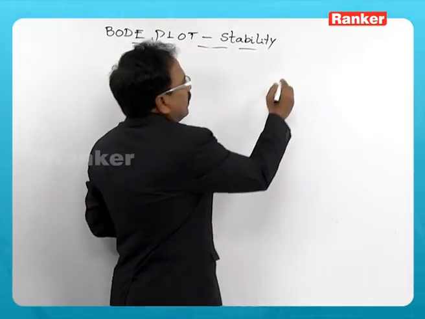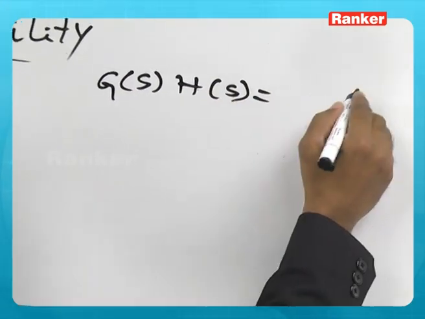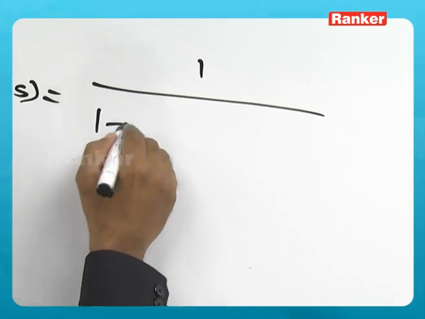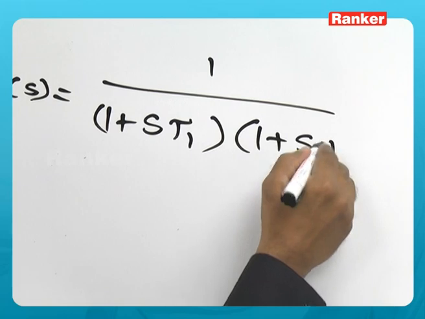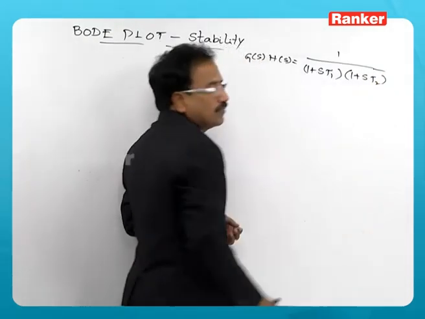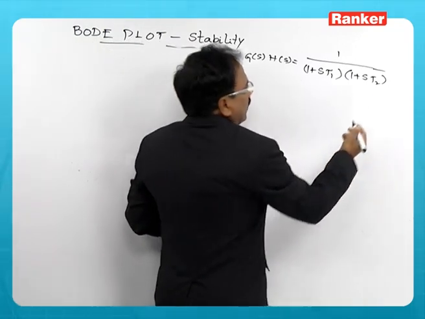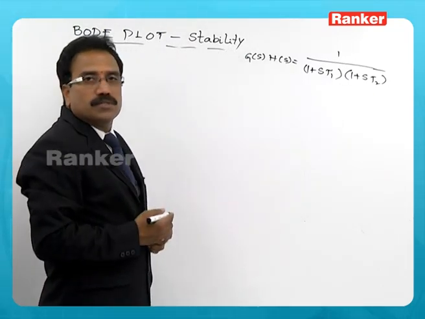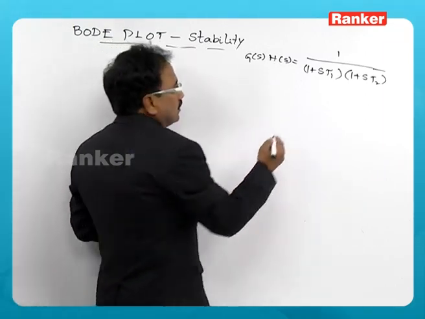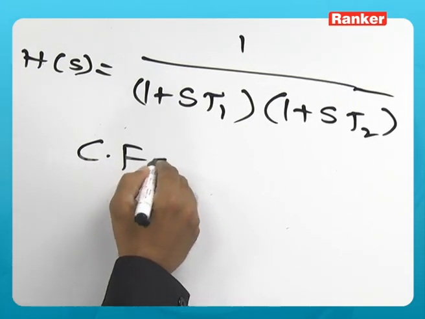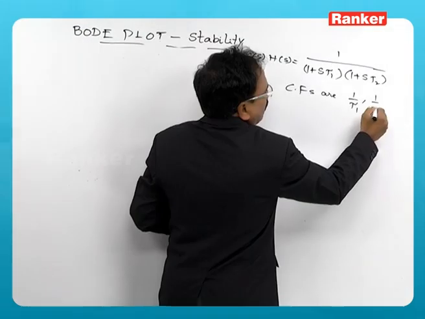Suppose the given function has two poles at different locations. The corner frequencies are 2 in this case because there are two independent terms. So, the corner frequencies are 1 by tau 1 and 1 by tau 2.